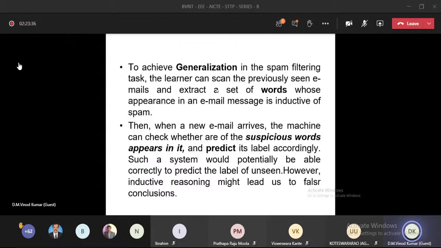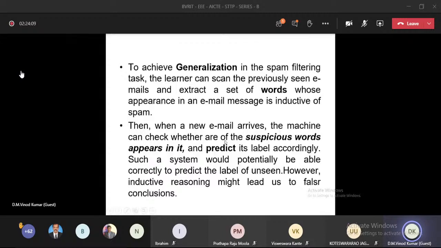Therefore, to achieve generalization in the spam filtering task, coming to these mails, which is the spam mail and which is the correct mail, the learner can scan previously seen emails and extract a set of words. The words will play a vital role. Extract a set of words whose appearance in an email message is indicative of spam. Then, when a new mail arrives, the machine can check whether the suspicious words are appearing.